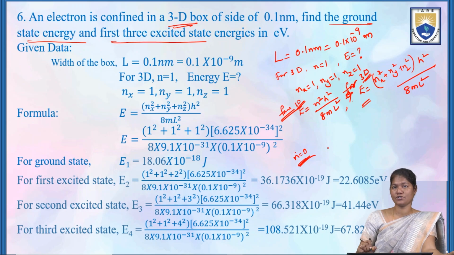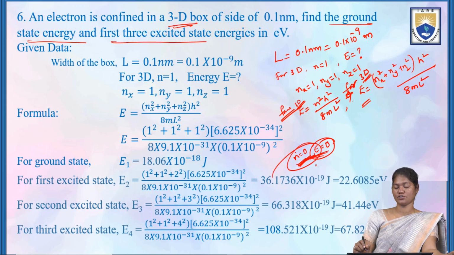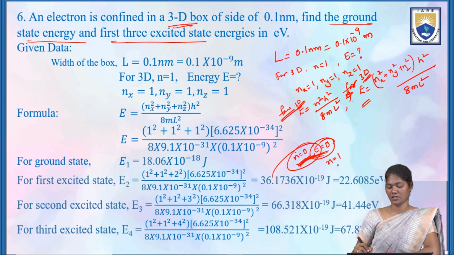When n equals 0, the eigenenergy becomes 0, but zero energy does not exist in the infinite potential box. So we have to take n equals 1, and then we will get the ground state energy.